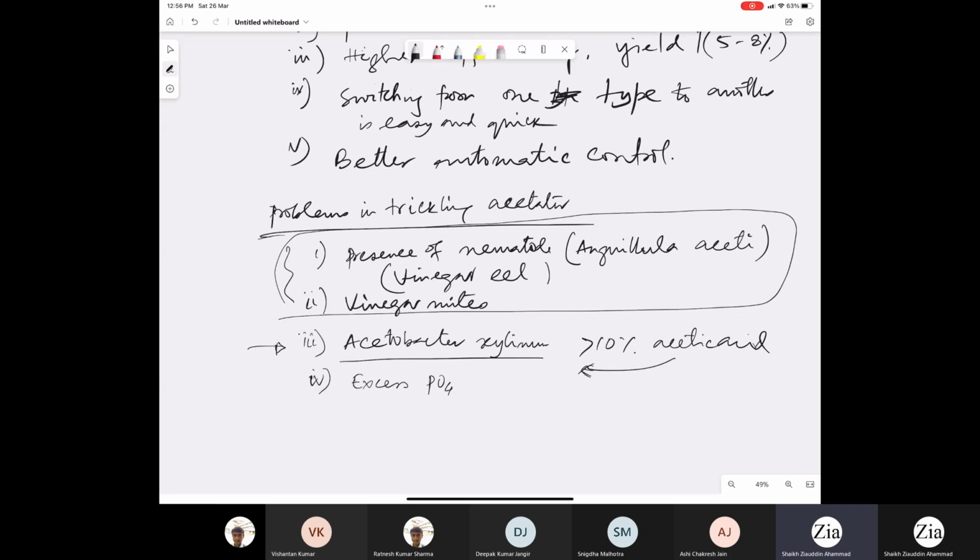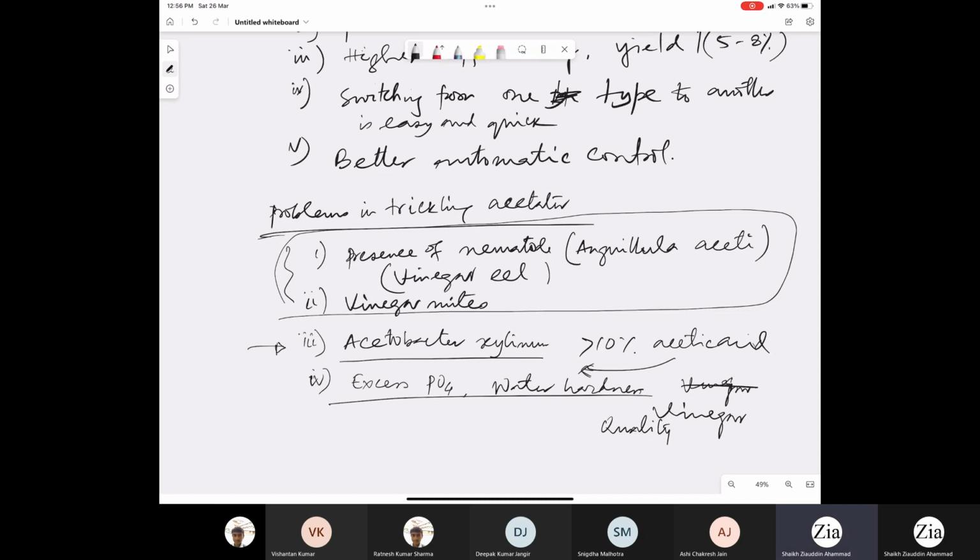So PO4, excess amount of phosphate, water quality or water hardness will have an effect on vinegar quality in both systems, the trickling acetator as well as your submerged acetator.